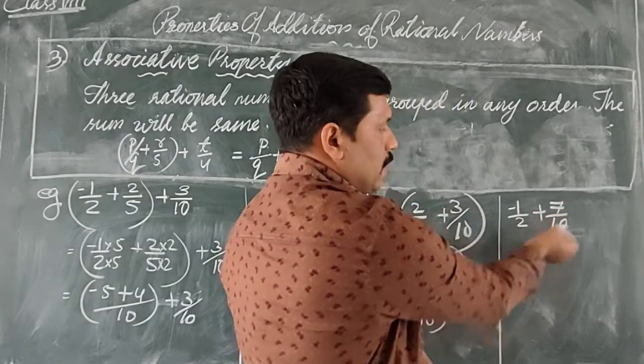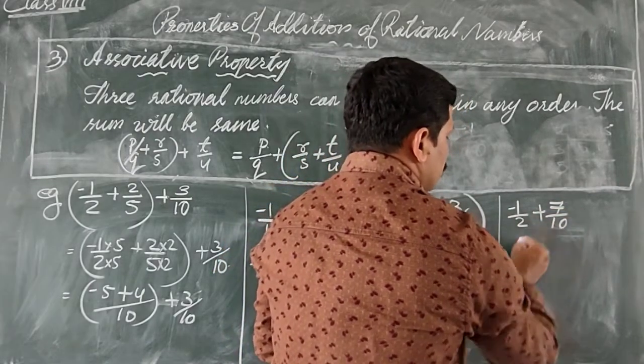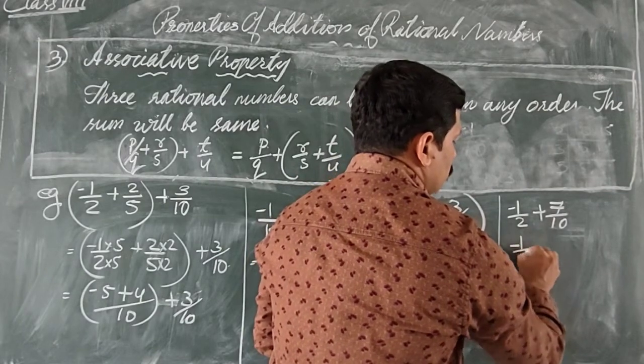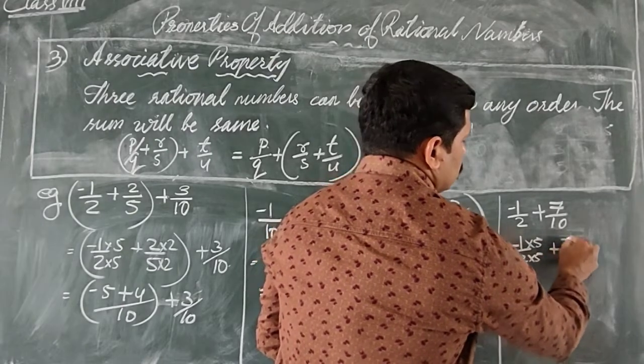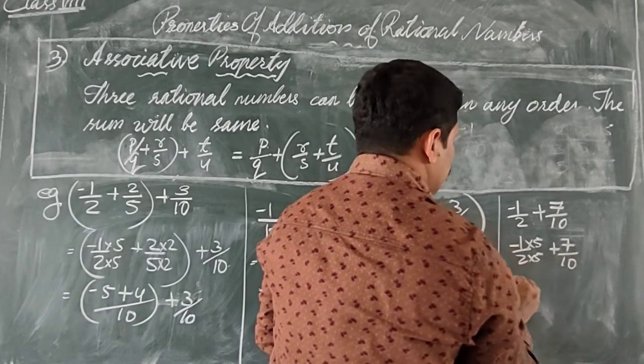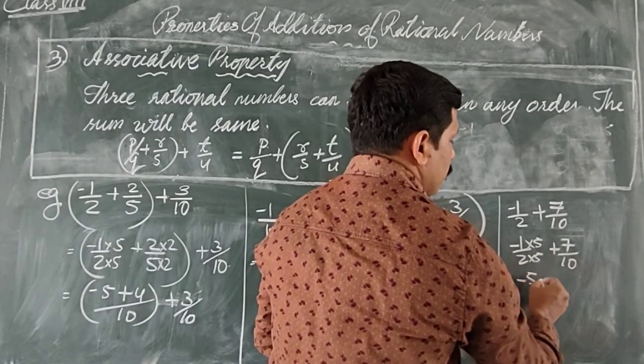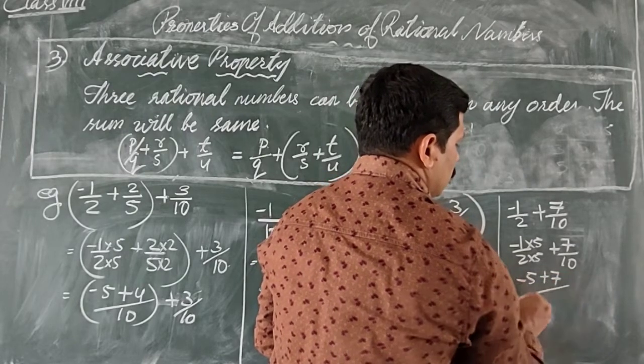Then here again we want to take LCM. LCM of 2 and 10 is 10 only. So negative 1 upon 2 we multiply by 5, here also by 5, plus 7 upon 10. Then we get negative 5 plus 7 upon 10.